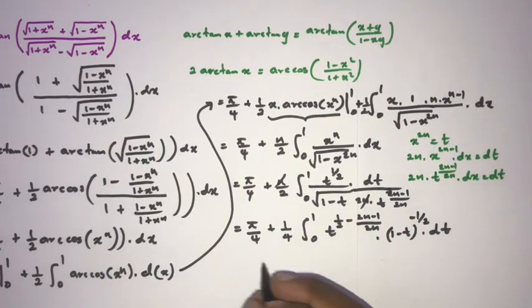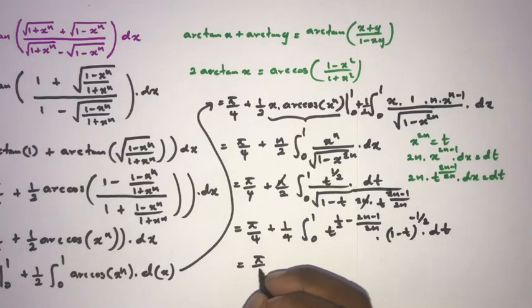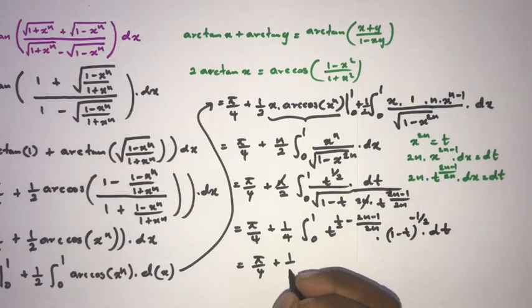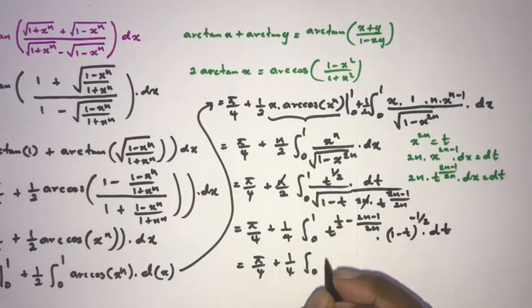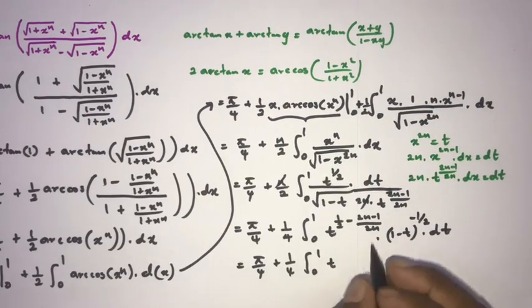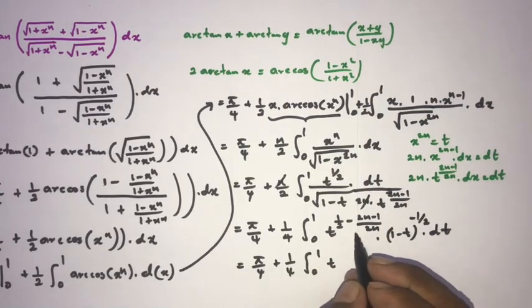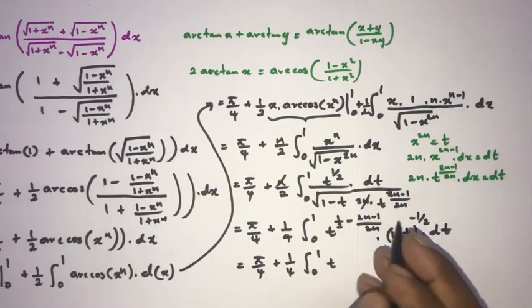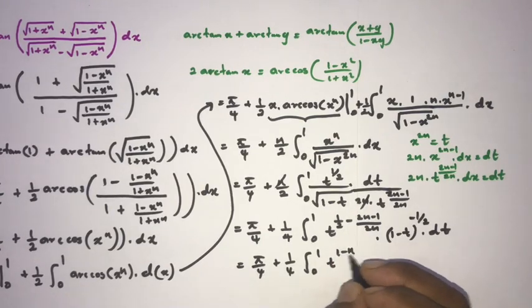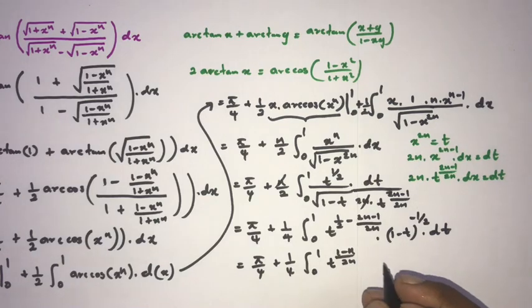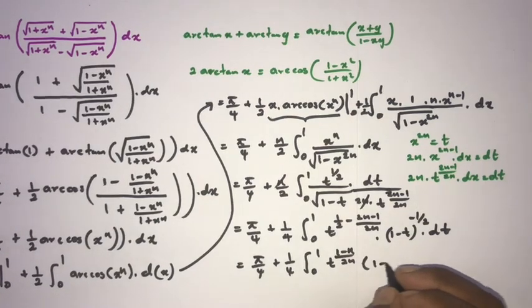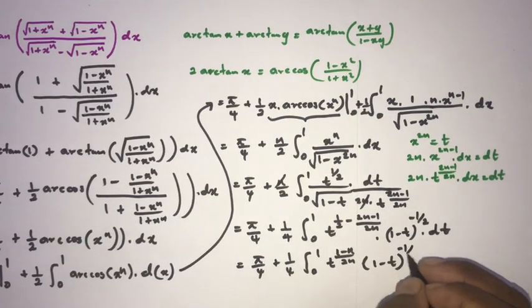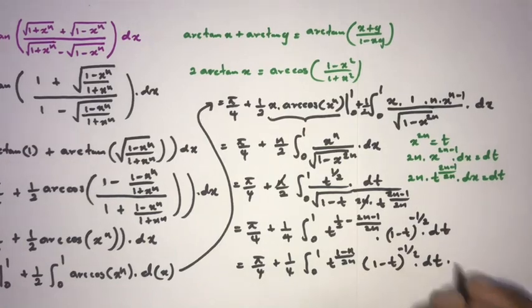Okay, then here pi over 4 plus 1 over 4 integral from 0 to 1. Now if we simplify this, here n minus 2n, so minus n plus 1, so (1 minus n) over 2 times n times 1 minus t to the minus 1/2 dt.